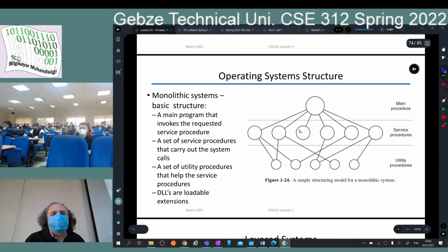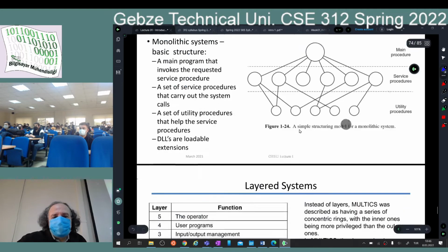It is all free because they are all in the same address space. There are no constraints imposed, and these constraints are not enforced by the hardware. So that's the structure of the operating system, monolithic systems.